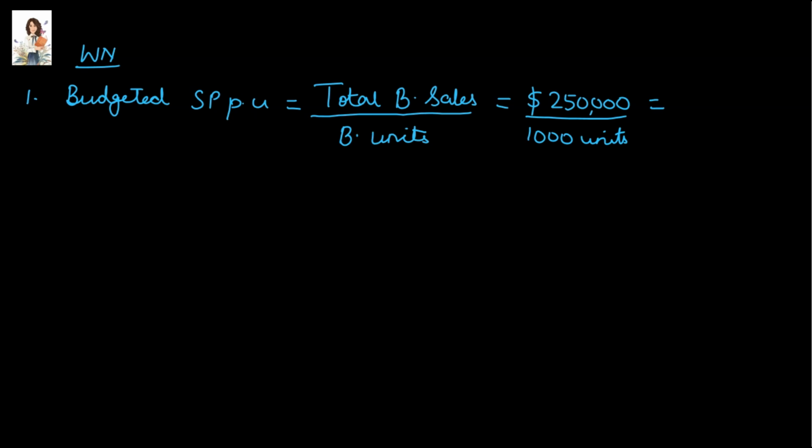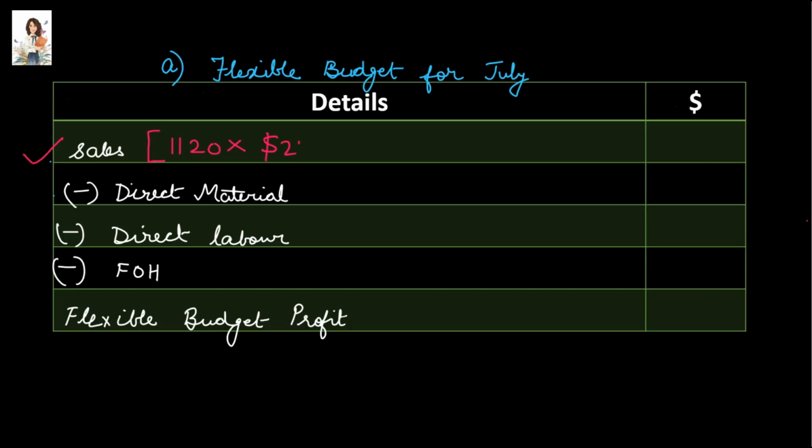Therefore, the budgeted selling price per unit is $250. So we will write $250 here, which we have derived from working note 1. So 1120 multiplied by $250 will give us $280,000.